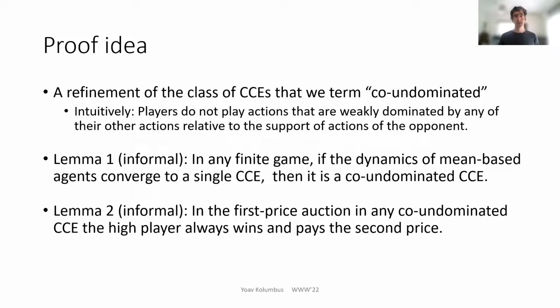So this is in any game, not only auctions. Then we have another lemma that connects this back to our auction and shows that in the first price auction, in any Cohen-dominated coarse equilibrium, the high player is always going to win and is going to pay the second price. So this is the overall structure.